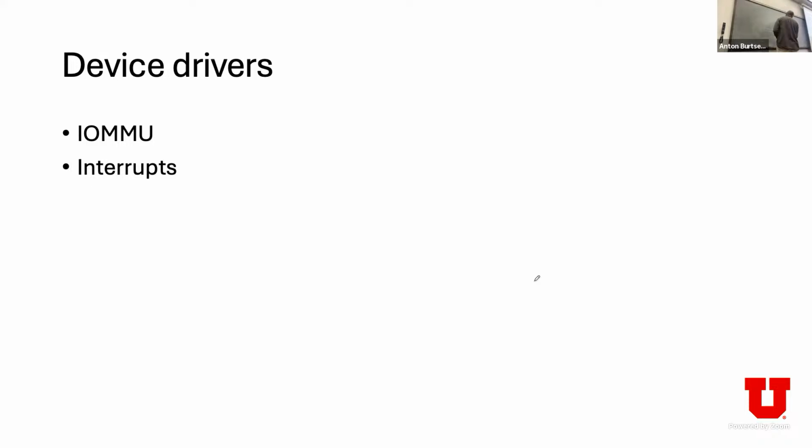Correct. So devices are represented by those control regions, which are called BAR regions. What is BAR? Base address register. Essentially, if this page is mapped into the address space of the device driver process, then by writing into this page, it can essentially signal the device.